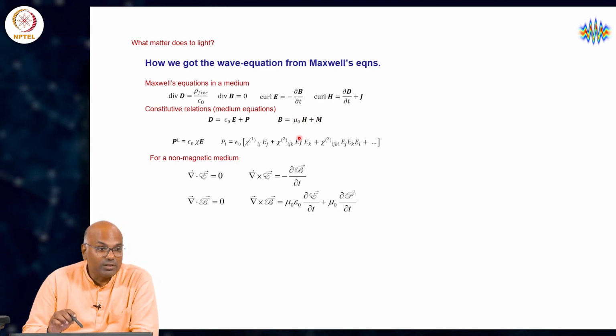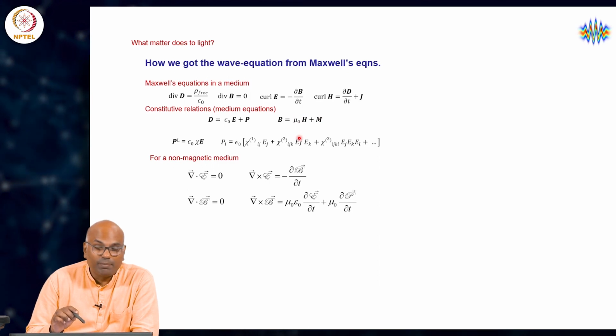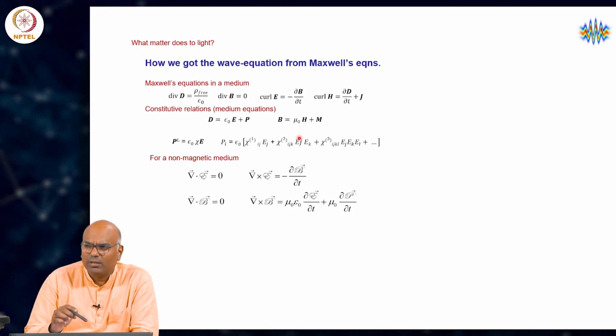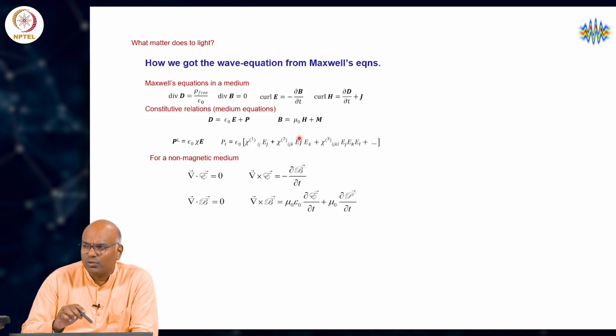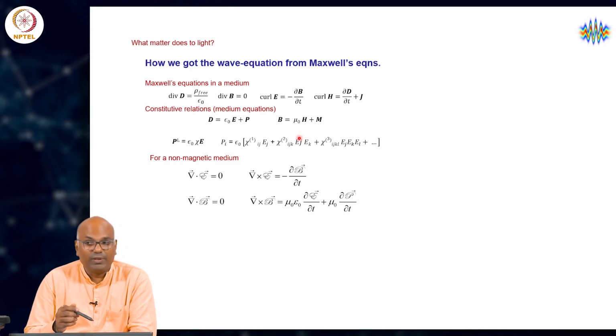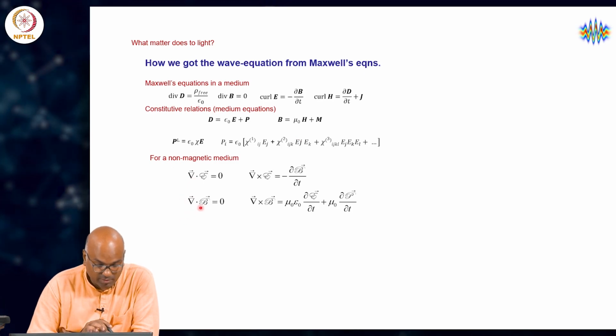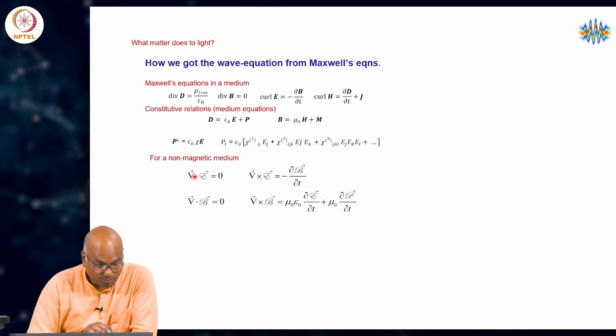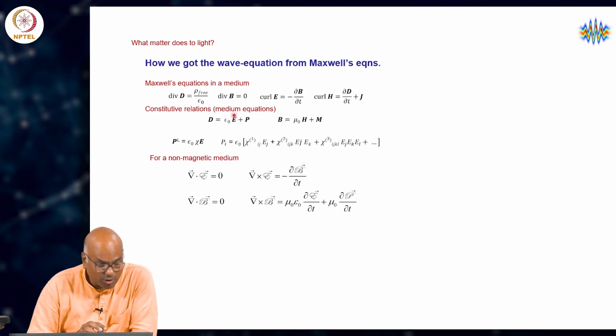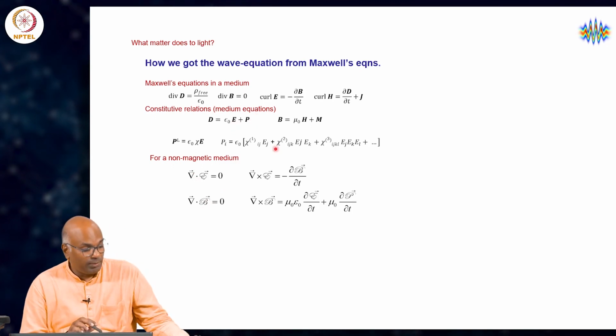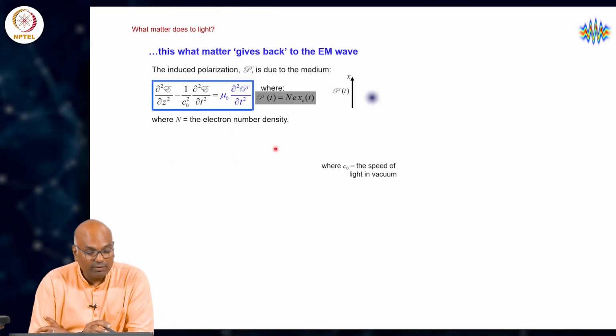You can very well consider scenarios where there is some appreciable magnetic response, but we are almost never going to go there in this course, though it should certainly be of interest to a student of science interested in such media. So, write this down anyway, acknowledging D is epsilon naught E plus P.